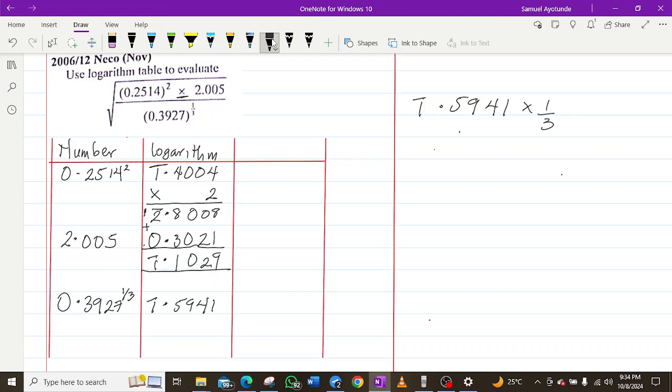So if I multiply this, I have 1 bar 0.5941. The numerator multiplies the numerator here. So 1 bar 0.5941 will be multiplied by 1. So I still have 1 bar 0.5941 in the numerator divided by 3.